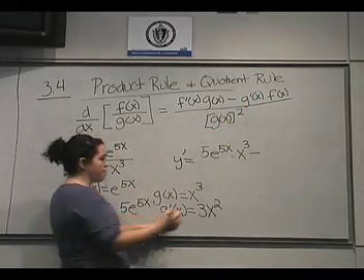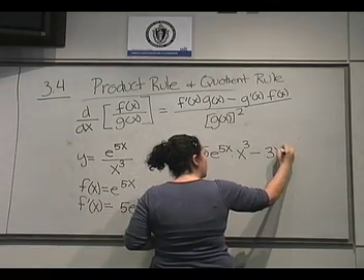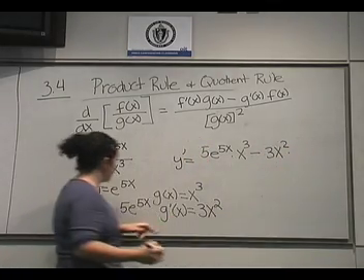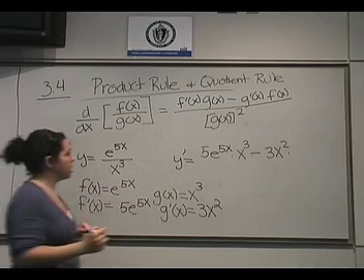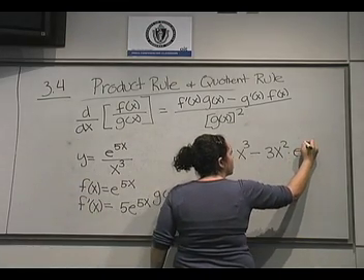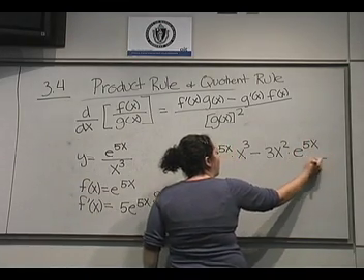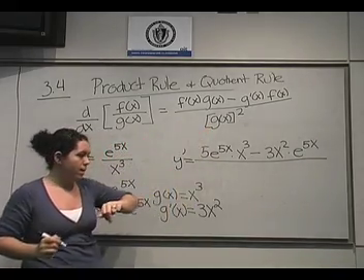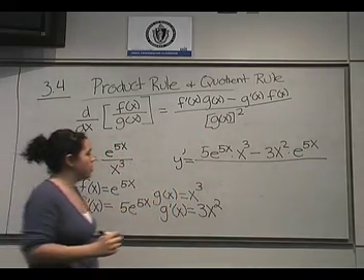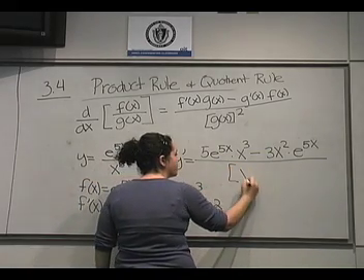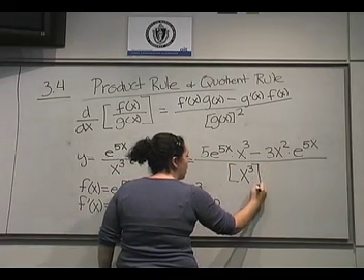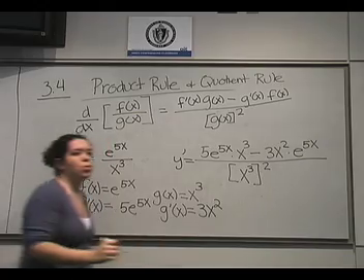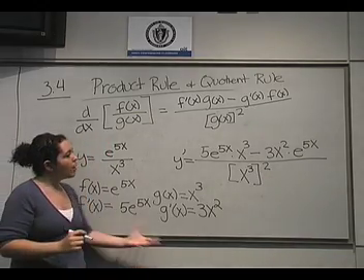So g prime is 3x squared times f, which was e to the 5x. And that whole thing is divided by g squared. Here g is x cubed, and that whole thing squared. Okay, so now we've plugged it all in.